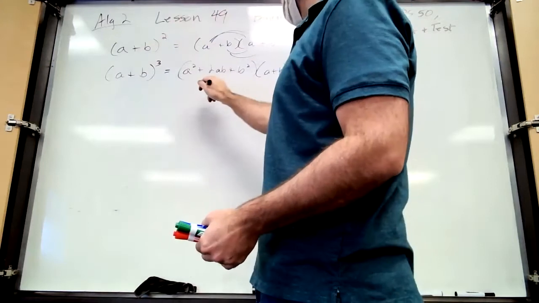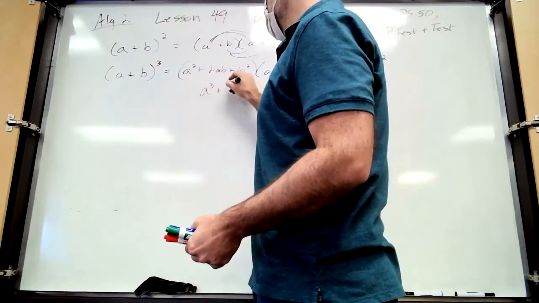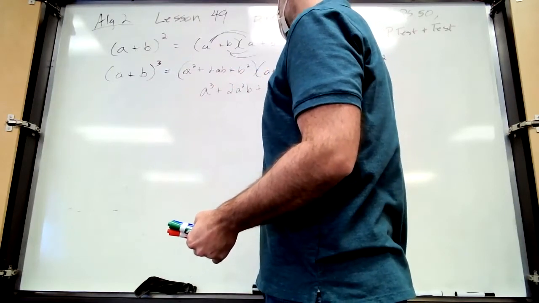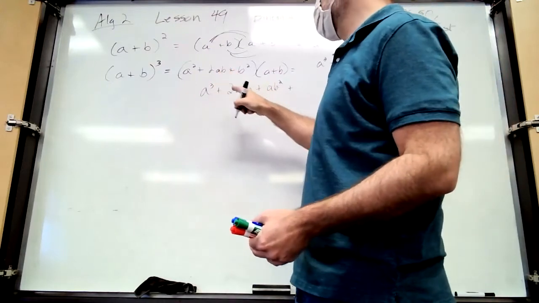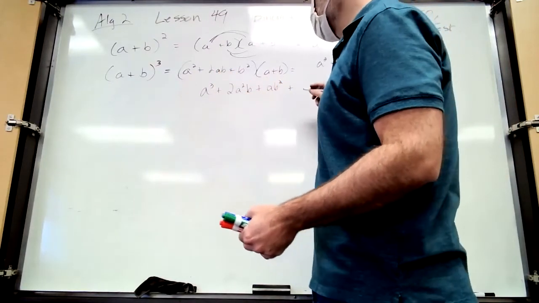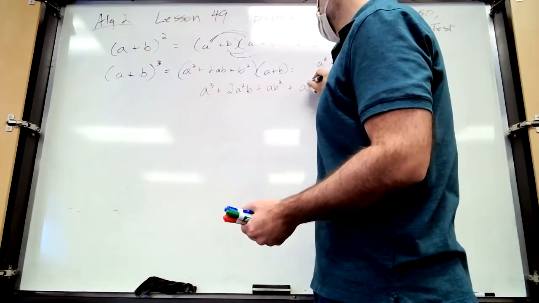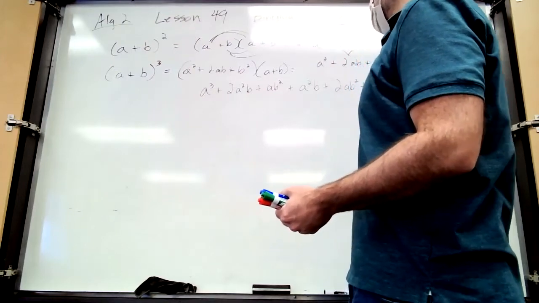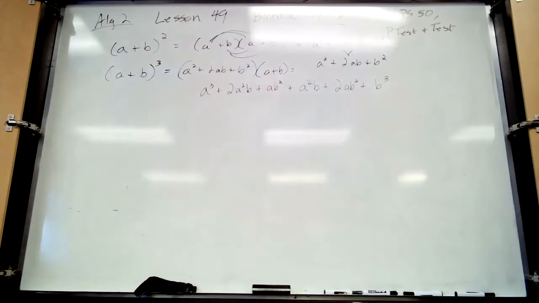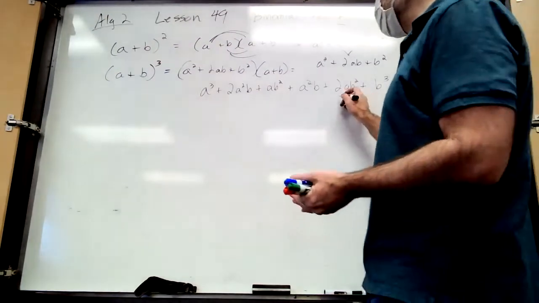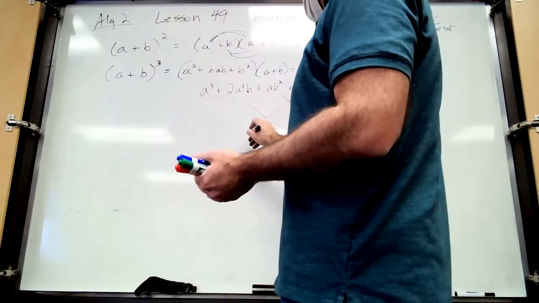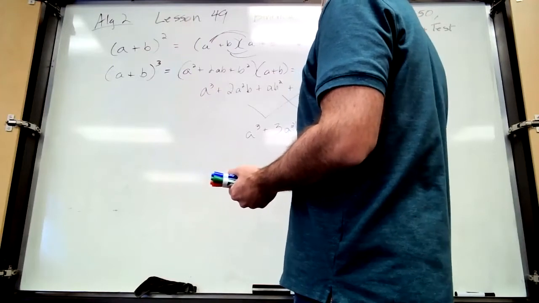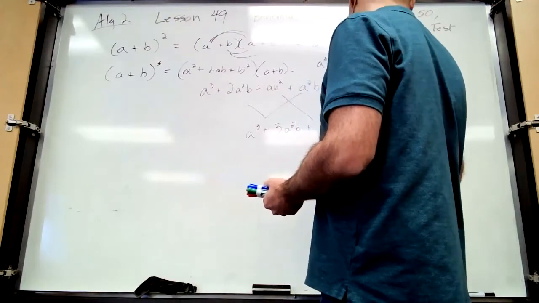So then I get a cubed plus 2a squared b plus ab squared, plus, now b times everything: a squared b plus 2ab squared plus b cubed. When you multiply all those out and combine like terms, you get a cubed plus 3a squared b plus 3ab squared plus b cubed.